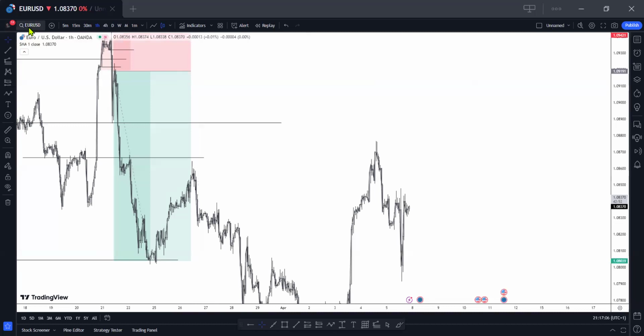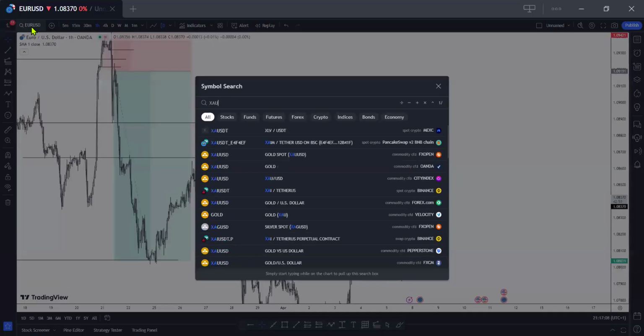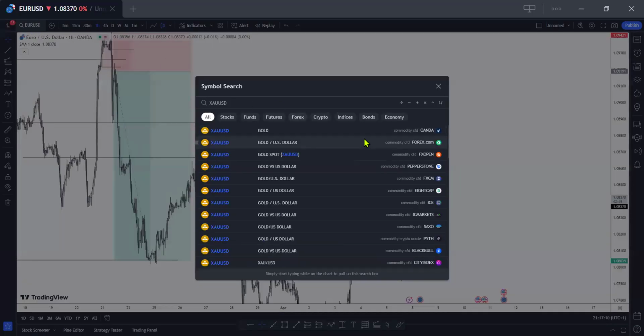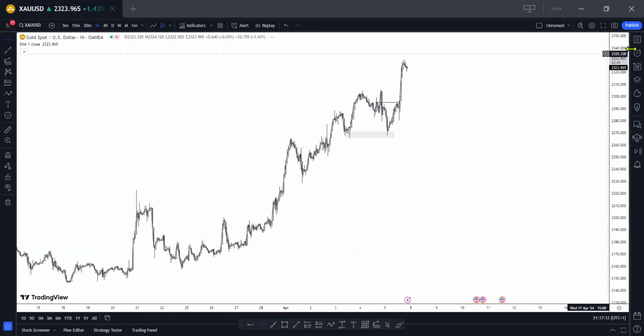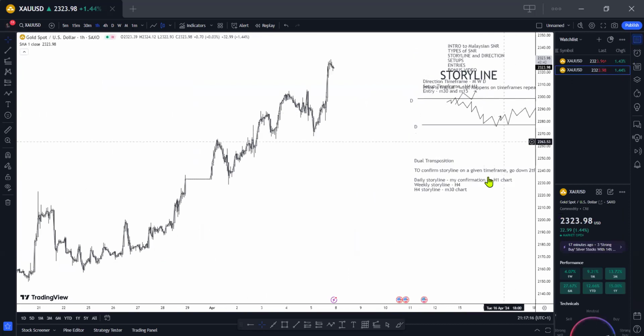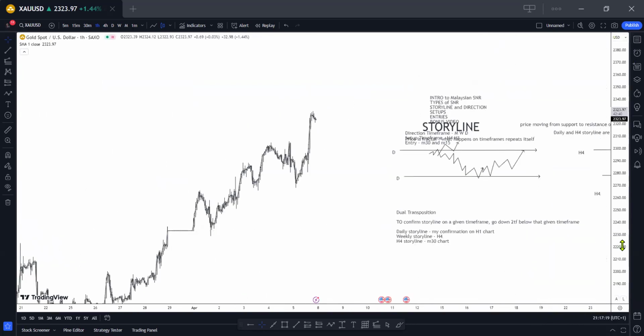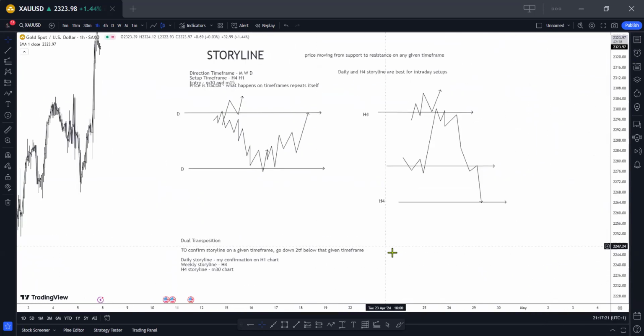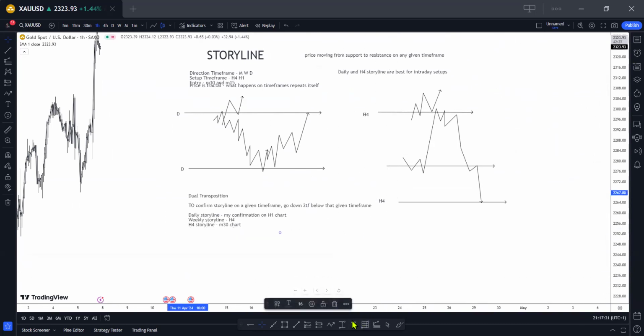Let's go back to gold and talk about something important. When you want to confirm your daily storyline, you go to the H1 chart.